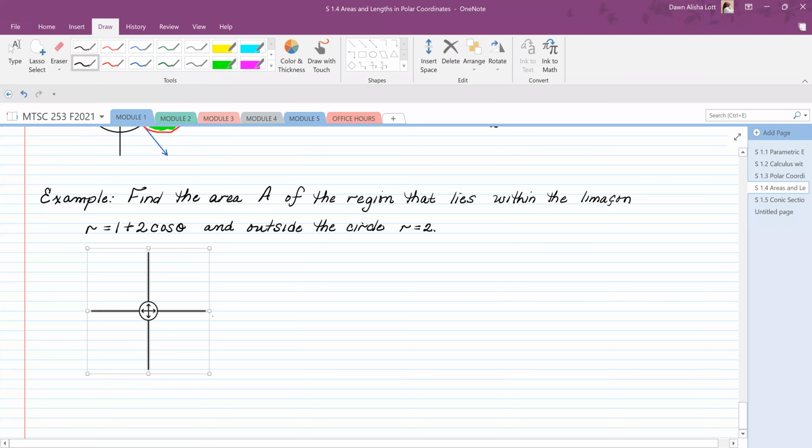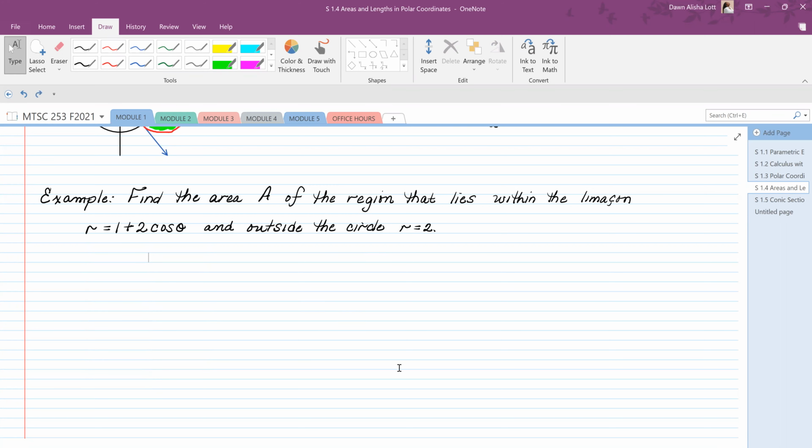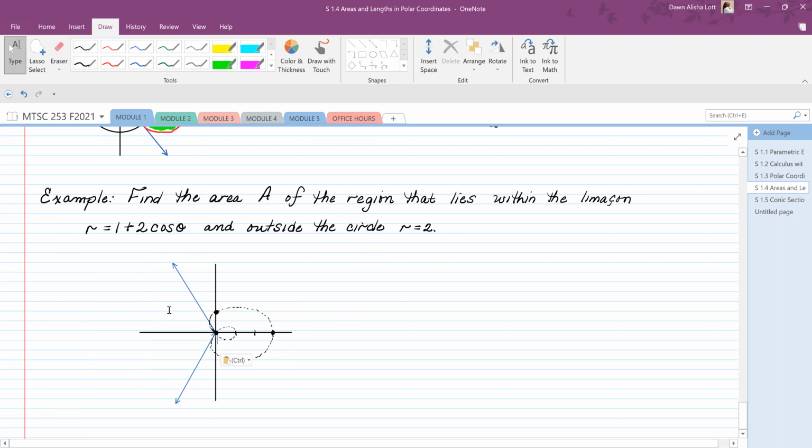So actually, let's go back and take that limacon that we had before. Okay, so here is my limacon. And then I need a circle of radius 2.